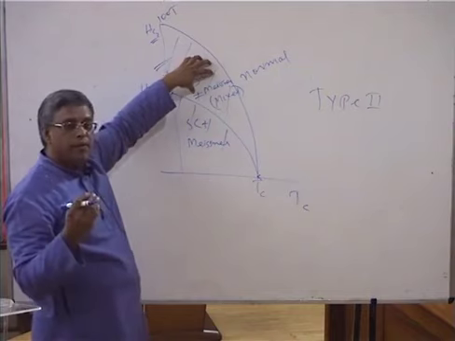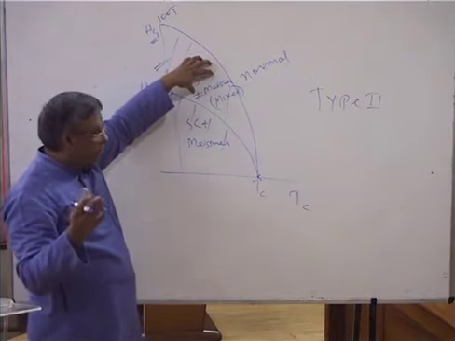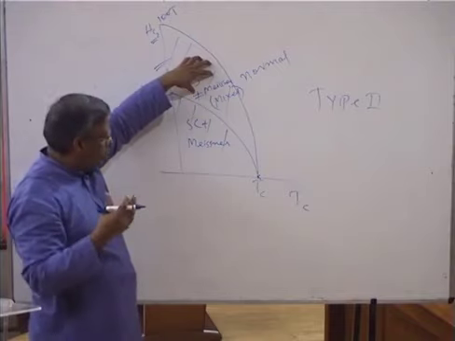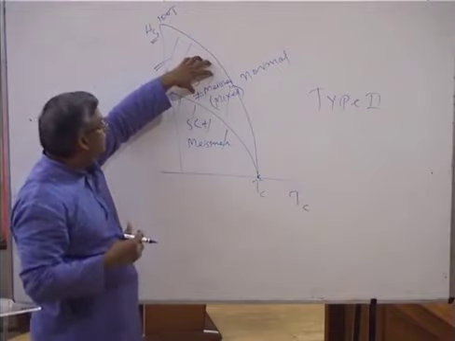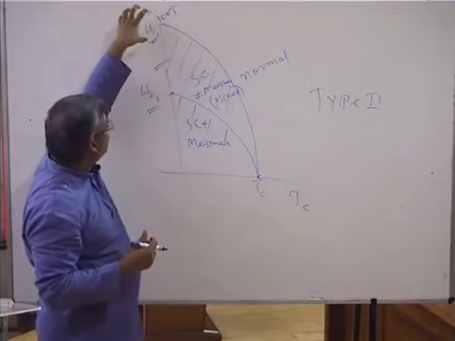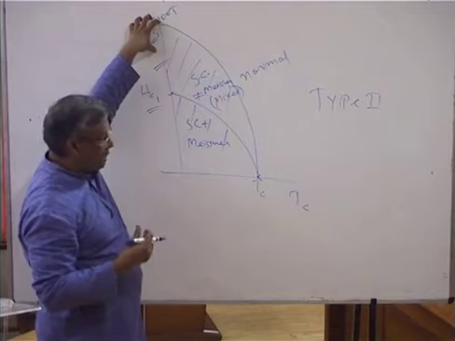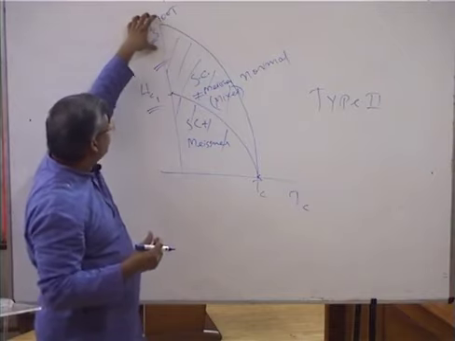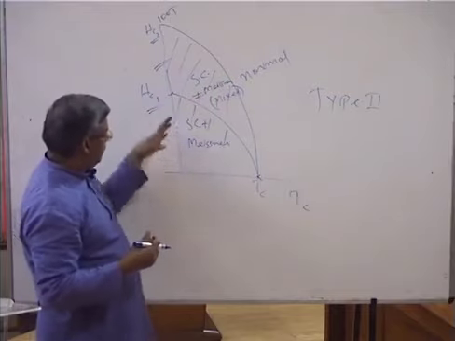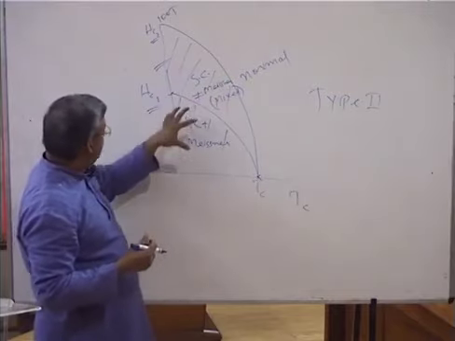Another example is MRI, where we use high Tesla value MRIs, 4 Tesla, 2 Tesla, etc. We want to make sure that a large amount of current can be carried by this wire made of superconductor. This is possible only with type 2 superconductors. So this is the typical behavior of a type 2 superconductor.